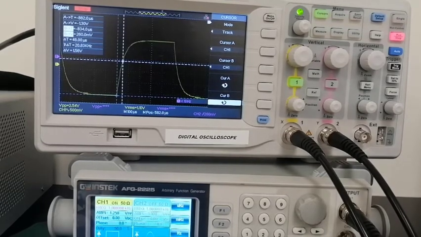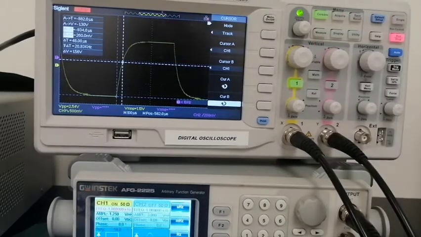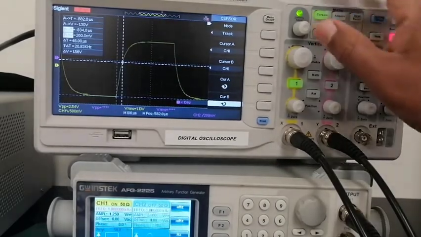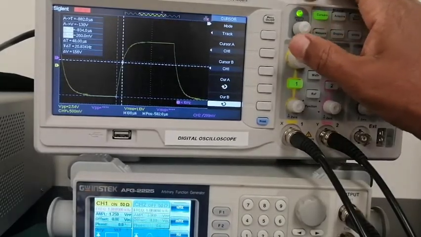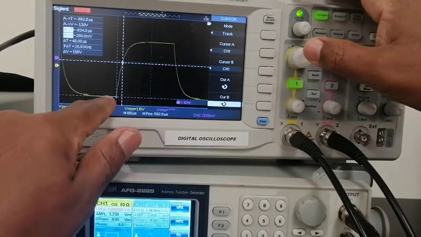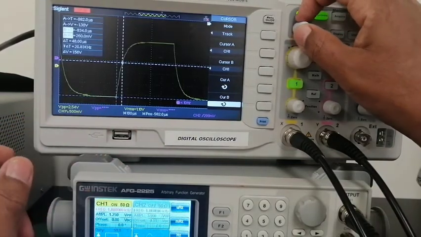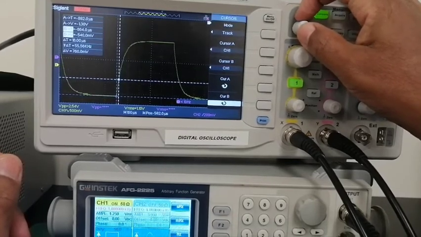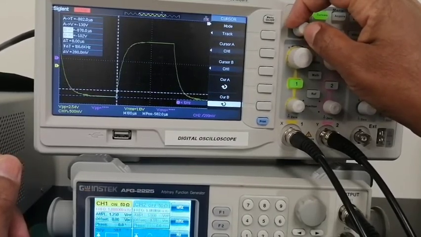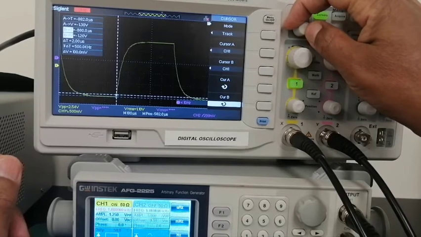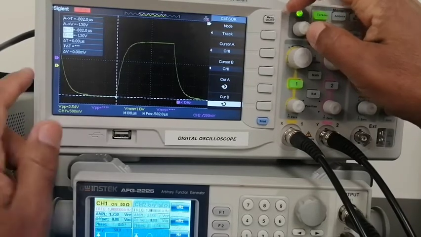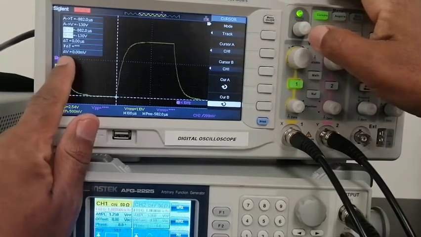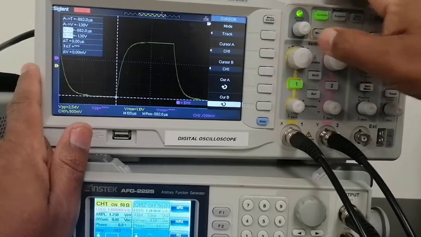Now I'm going to complete the table, moving cursor 2. I'm stopping cursor 1 at 0 microsecond, and I'm going to start measuring from 0 microsecond. For 0 microsecond, VC equals 0 volt.